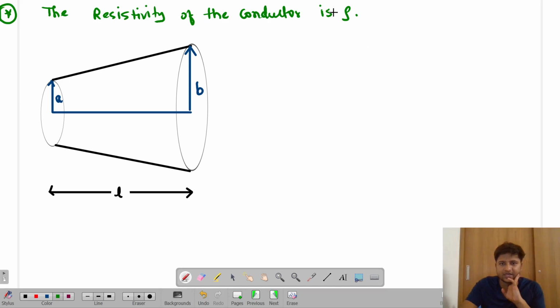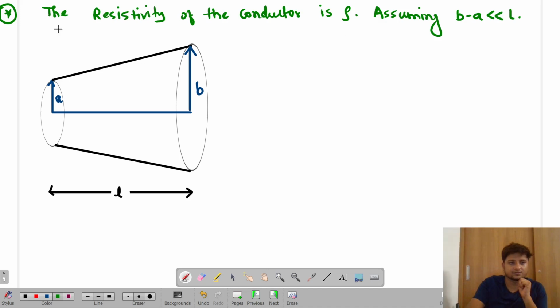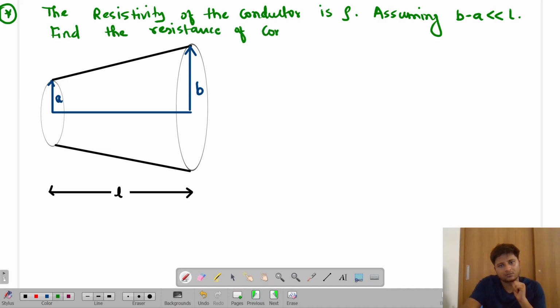And the radius of the cross section is varying, increasing from A to B over the length L. Assuming B minus A to be much less than length L. Find the resistance of the conductor.